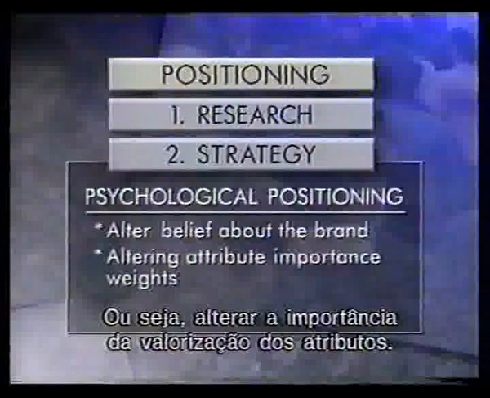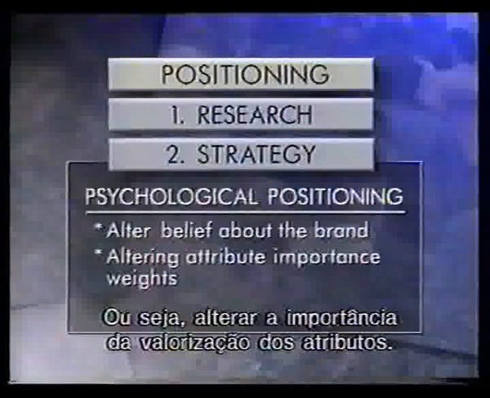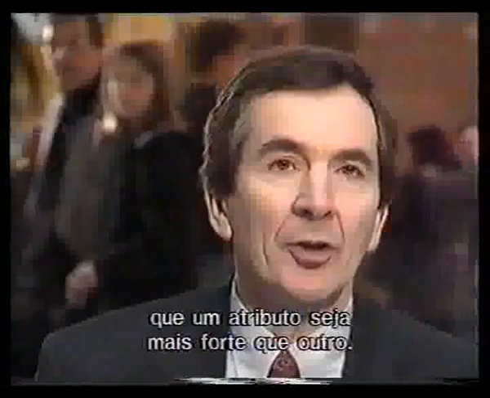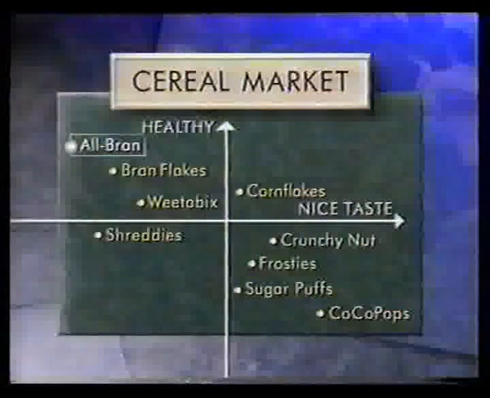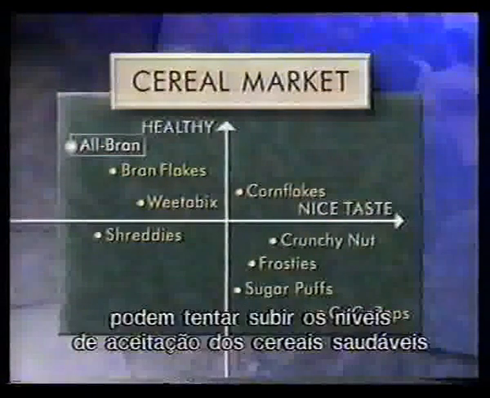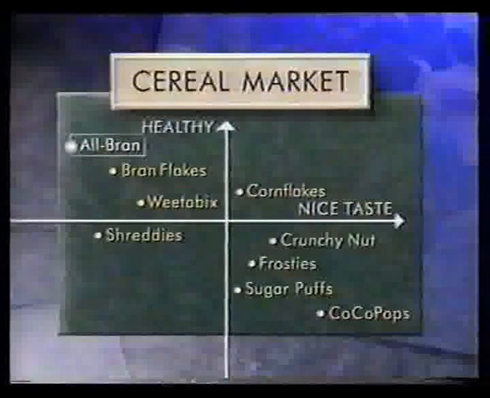This entails altering attribute importance weights. A company can seek to make an attribute in which it is strong count for more. All Bran or Bran Flakes could seek to raise the profile of health in choosing among breakfast cereals.